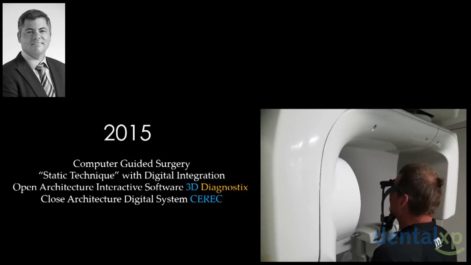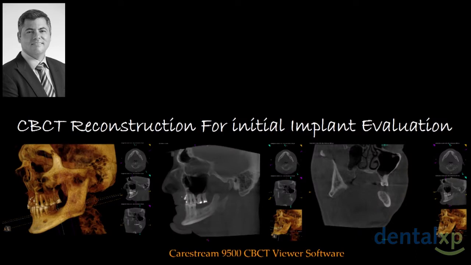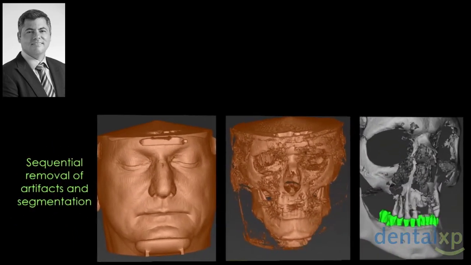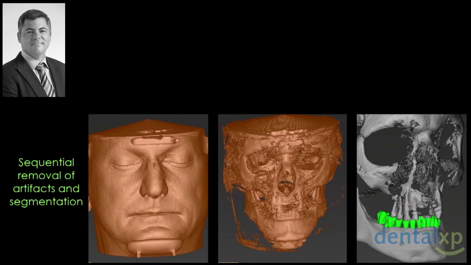So basically, the origins in our practice in computer guided surgery started with incorporating the technologies that you guys are already familiar with, deciding that a CBCT would be generated for a specific patient. We had to go through the process of planning and diagnosis, risk management of the patient, 3D reconstruction.